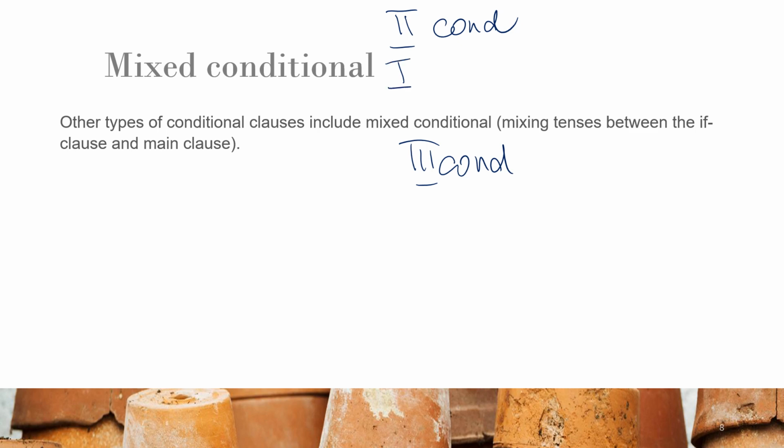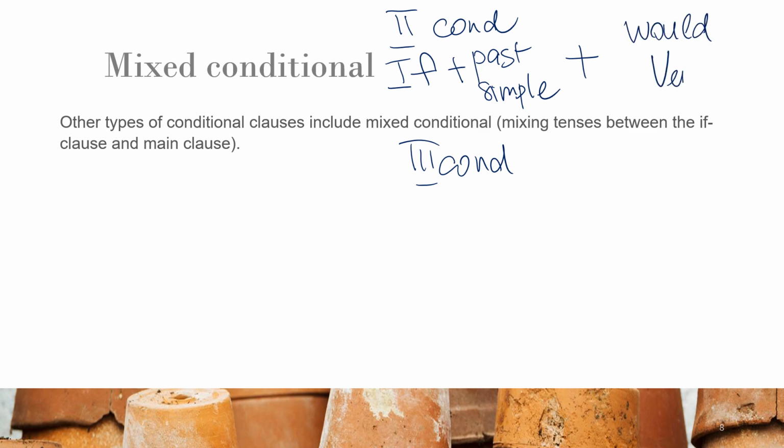In the second conditional clause you have if plus past simple, and in the main clause you have would plus a verb. In a third conditional, you have if plus past perfect, and you have would have plus past participle.